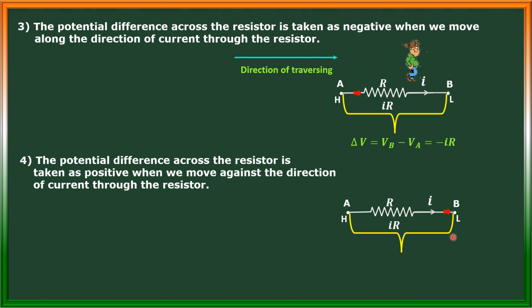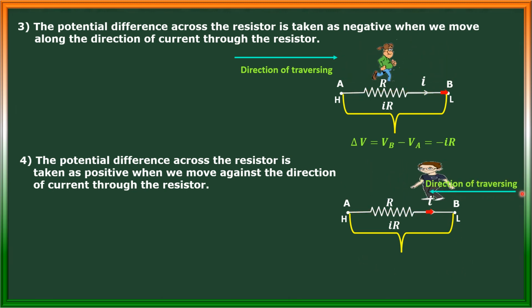And if I traverse this resistor from B to A, B is at lower potential and A is at higher potential. So while traversing from B to A, the potential is increasing.